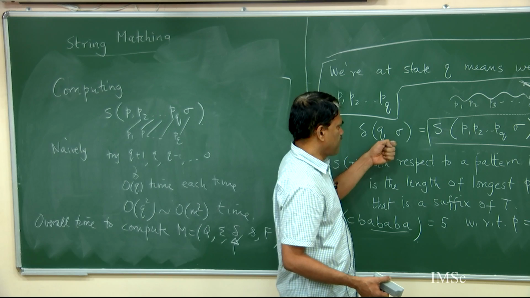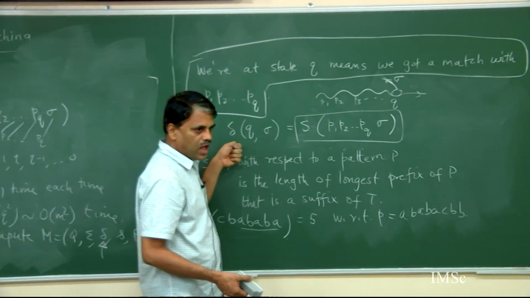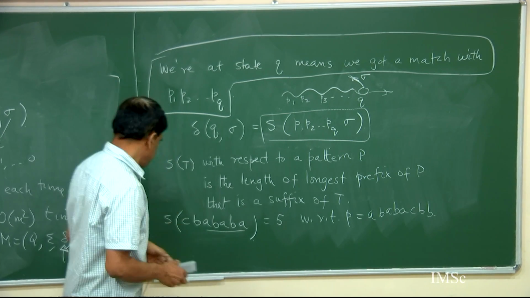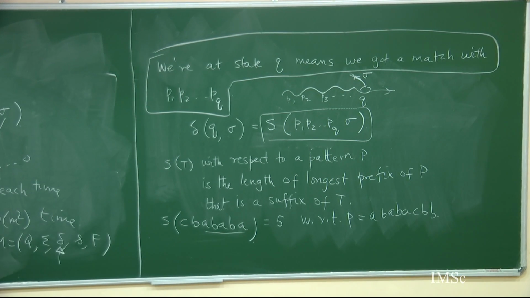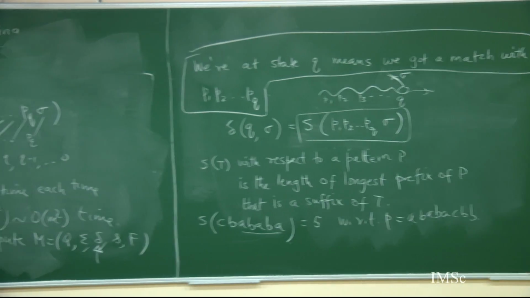There are capital sigma many sigmas and q has m possibilities, so overall the time is order m cubed times sigma.